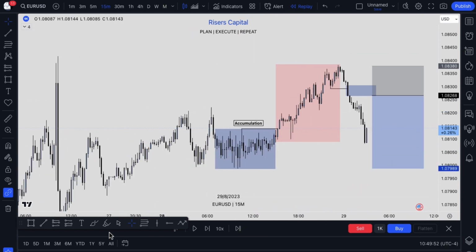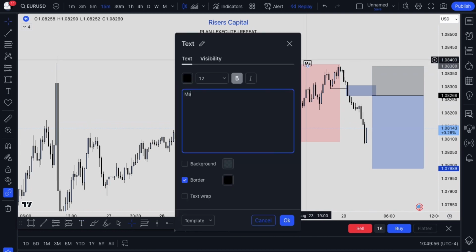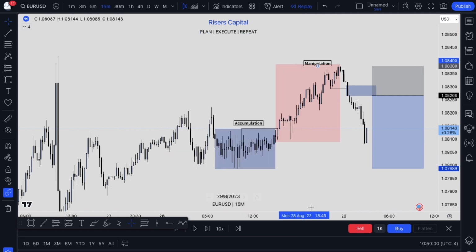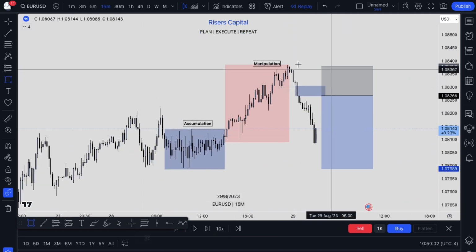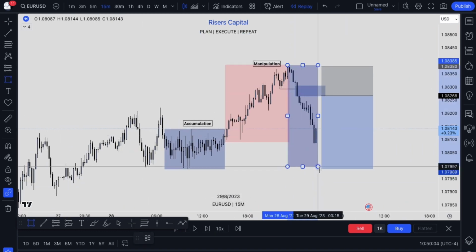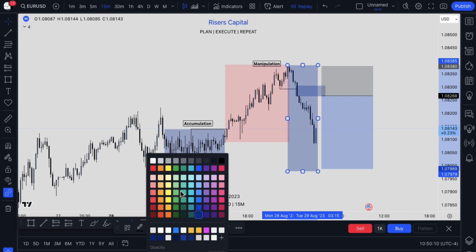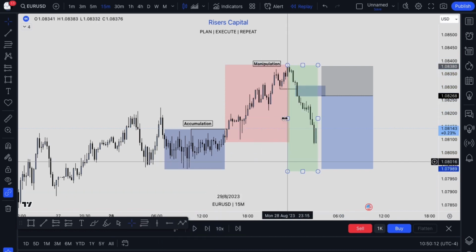So let me just mark out. Okay, this accumulation, we've got manipulation going on over here, and then this move over here will be the distribution.